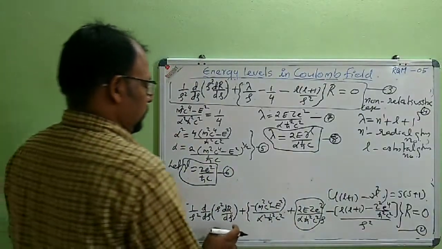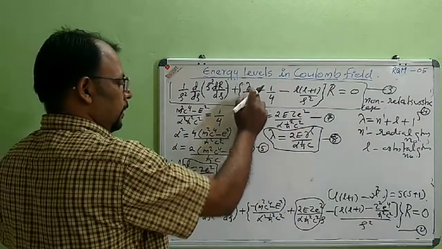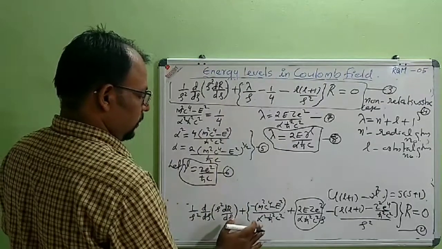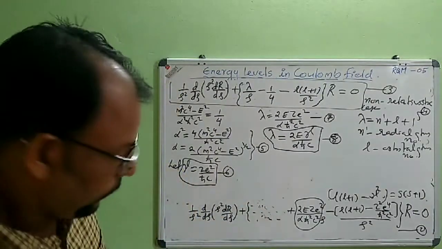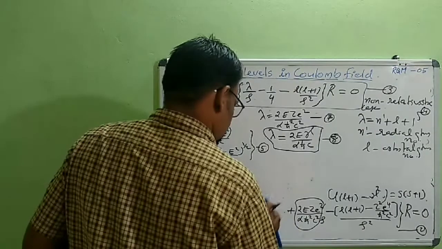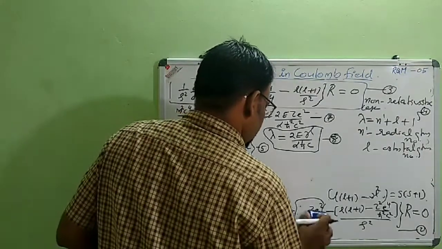Now represent this equation identical to equation 3. So this term will be minus 1 by 4. This one is minus 1 by 4. This is lambda by rho.